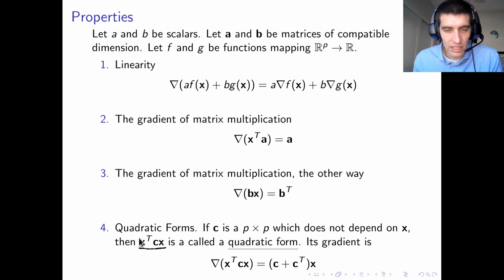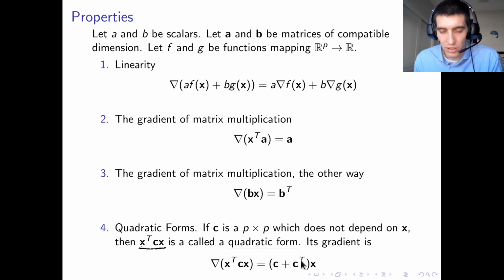Again, let's think about how this extends from the scalar case. Let's say these were scalars. We would have x squared times c, because we could just rearrange these since scalar multiplication is commutative. Then if we took the derivative of x squared times c, we get 2 times c times x. That's just the scalar derivative. How would that look here if these were scalars? We would have the gradient of x squared times c.